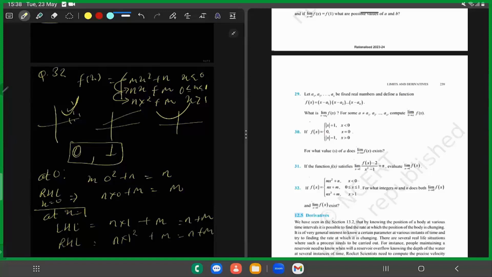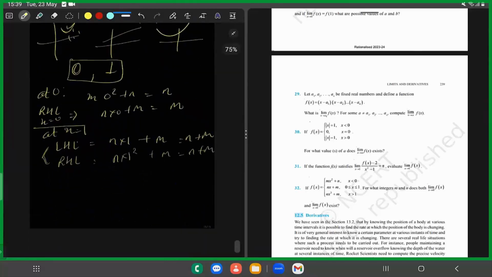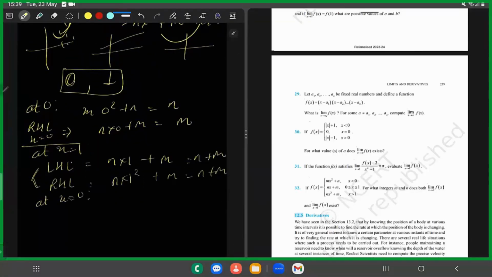So you can see that the left hand limit and right hand limit are both n plus m. So that means at x equal to 1, this condition always holds. Left hand limit will always be equal to right hand limit. But at x equal to 0, for LHL equal to RHL, n should be equal to m.